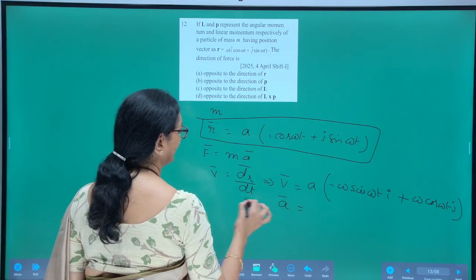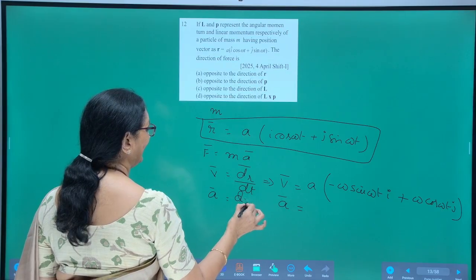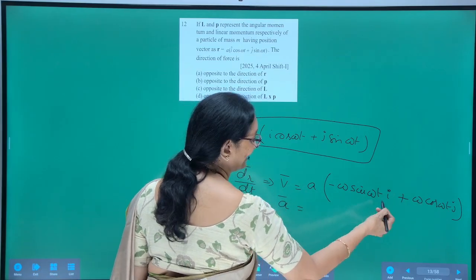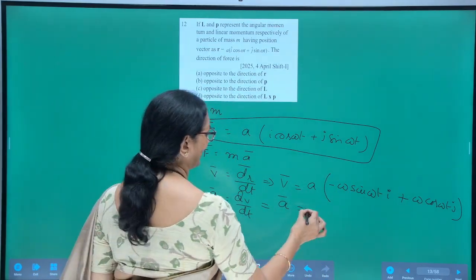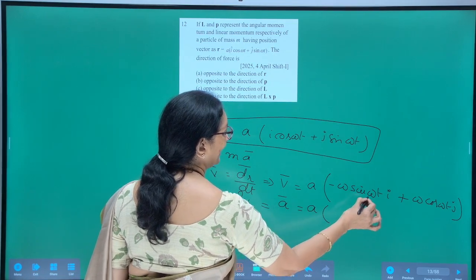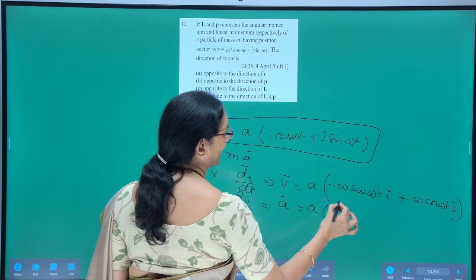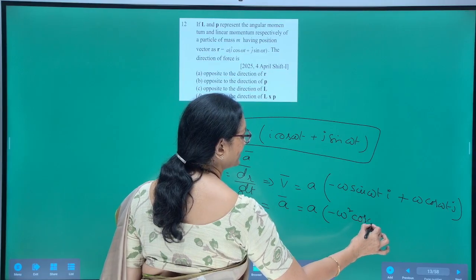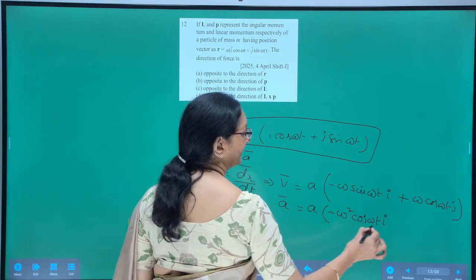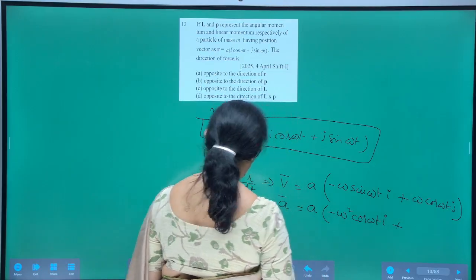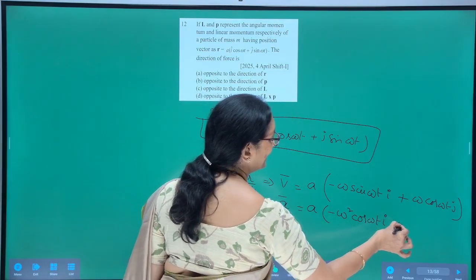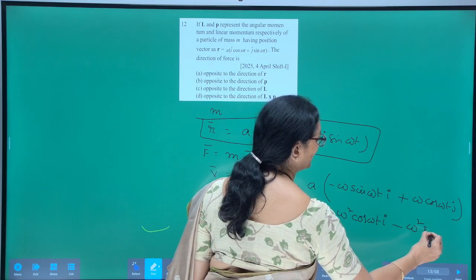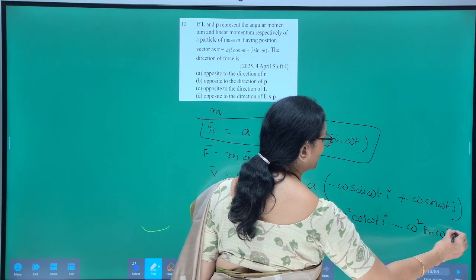Acceleration vector is a equal to dv by dt. So, you have to differentiate this once again with respect to time. So, a sin omega t derivative is omega cos omega t. So, minus omega square cos omega t i bar, plus cos omega t derivative is minus omega sin omega t. So, it becomes minus omega square sin omega t j bar.